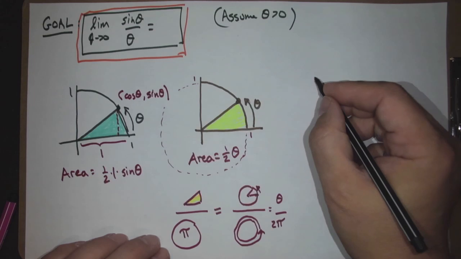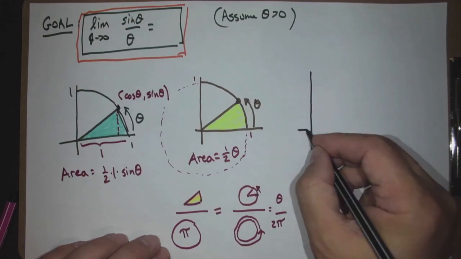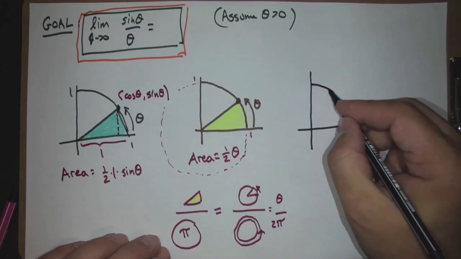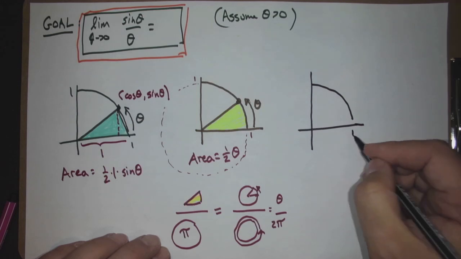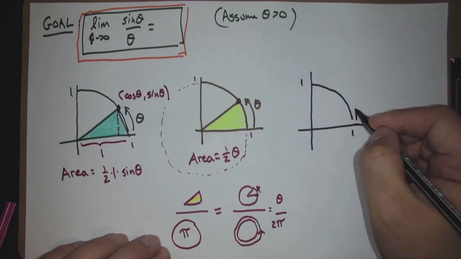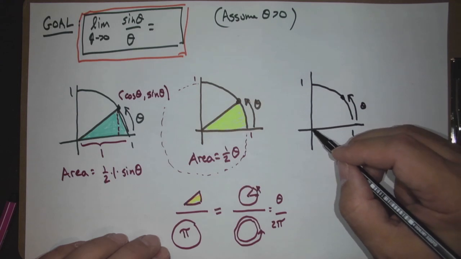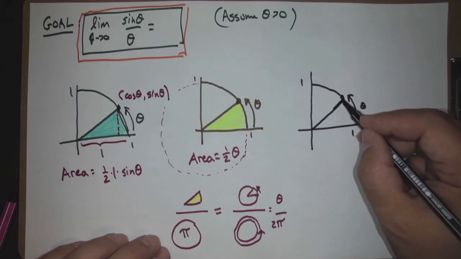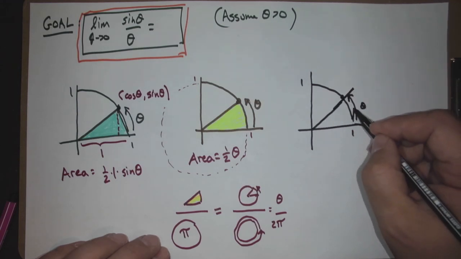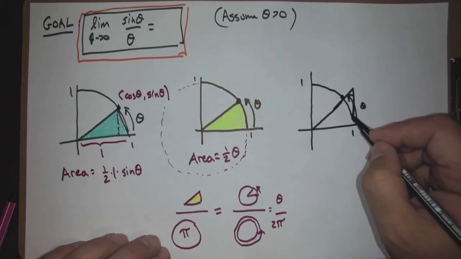Suppose, same circle, unit circle. Same angle, theta. But now, I'm going to go out of the circle, so I want to form a right angle.